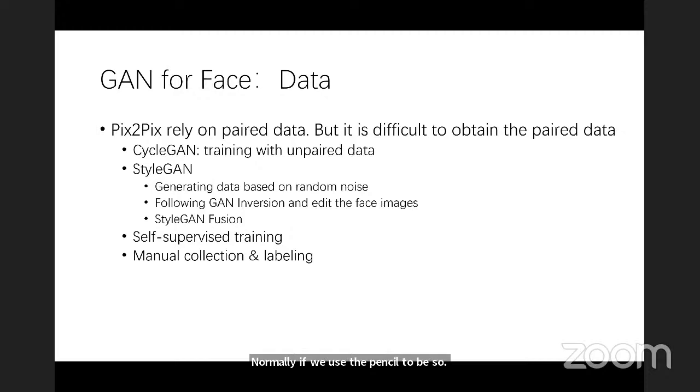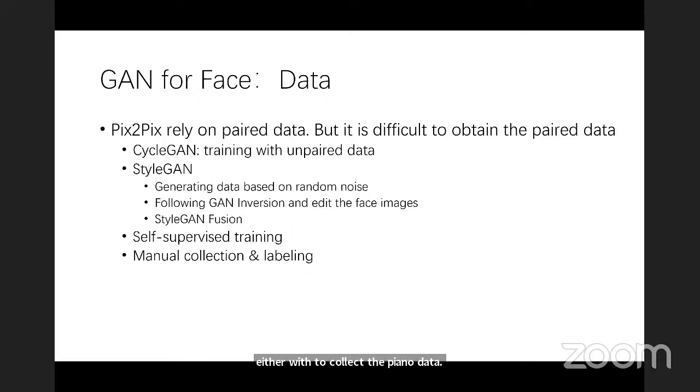So here are some ways we can avoid using paired data. For example, we can use CycleGAN, as I just mentioned. We only need data from two domains, but they do not need any correspondence to be paired data. So it is much easier compared with collecting paired data.